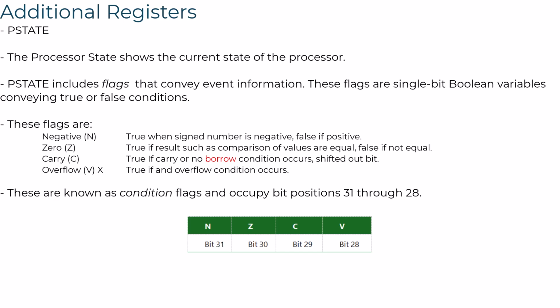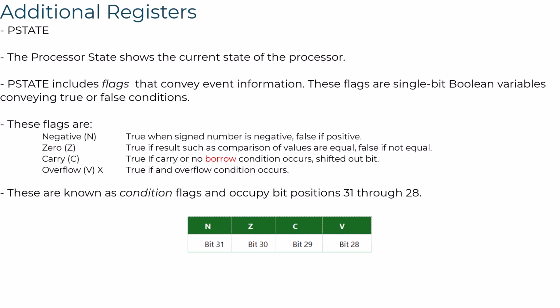It has a lot more information, but initially, we're going to be mainly concerned with the condition code flags, and these are N, Z, the carry, and the overflow bits. They occupy the positions 31 to 28 respectively. So when we perform arithmetic calculations, we sometimes need to be aware of these registers to see if we had any overflow or any of those other conditions.